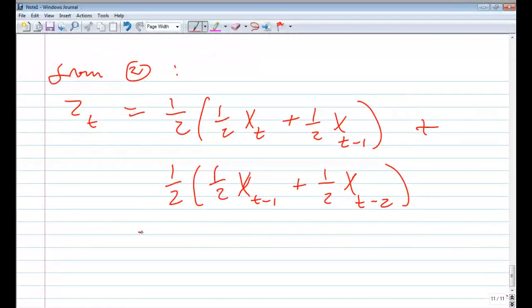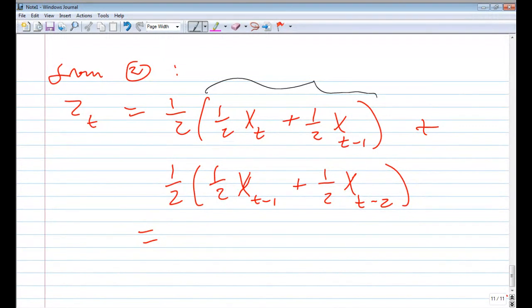Now from this part here, you can take the common factor, isn't it? Take it outside, then it's going to multiply a half.